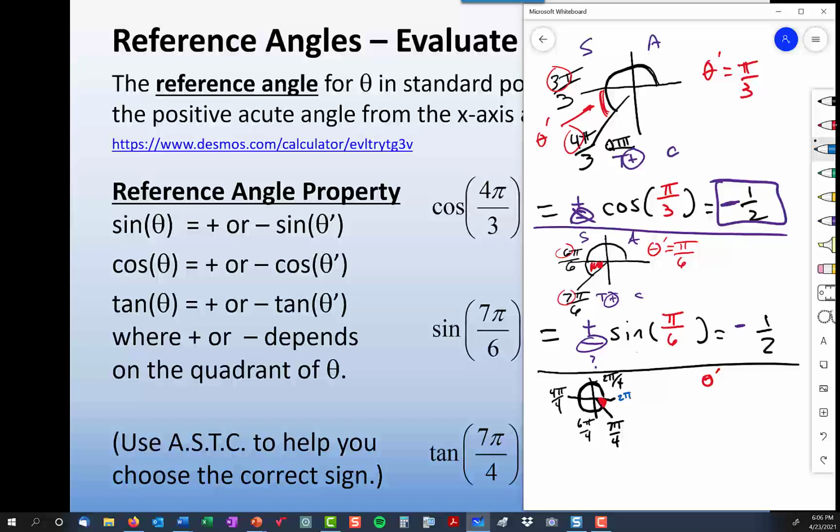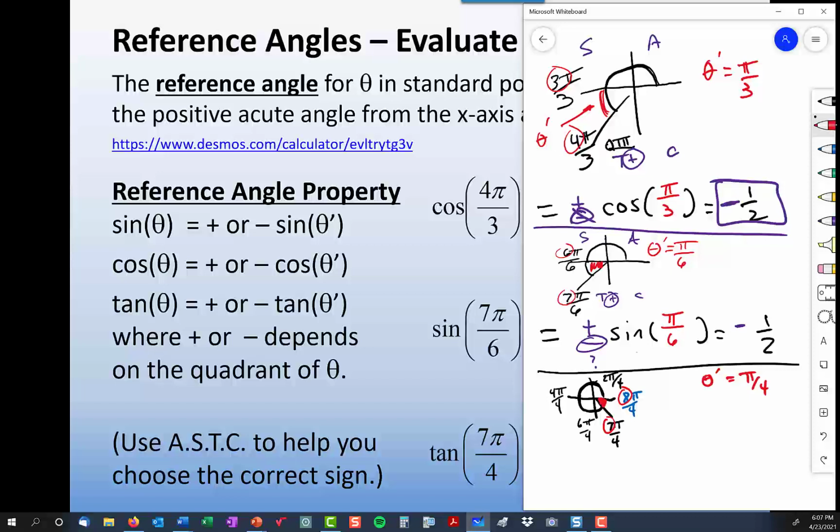But 2 pi is a whole number 2, so I'm going to multiply it by 4 over 4. I know some of you are rusty on fractions. And so 2 pi times 4 fourths makes 8 pi over 4, right? Because 8 divided by 4 is 2, a whole number 2 pi. And now I can see my reference angle is the difference between those two. 8 pi fourths minus 7 pi fourths equals 1 pi fourth.